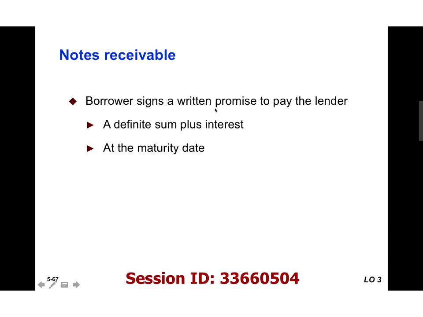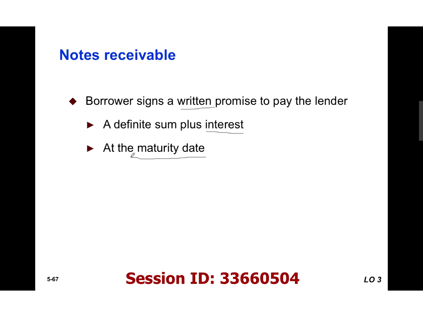We also have notes receivable. Notes receivable differs from accounts receivable in that it is a written promise. A note receivable has to be in writing. It includes an amount plus interest, and it has a maturity date.